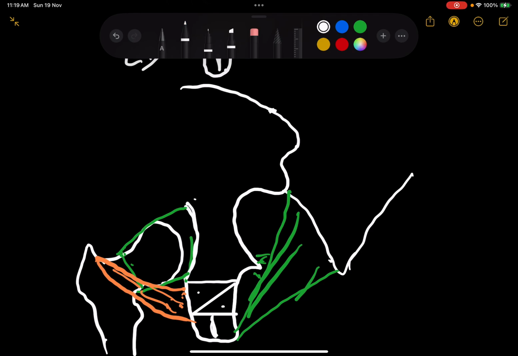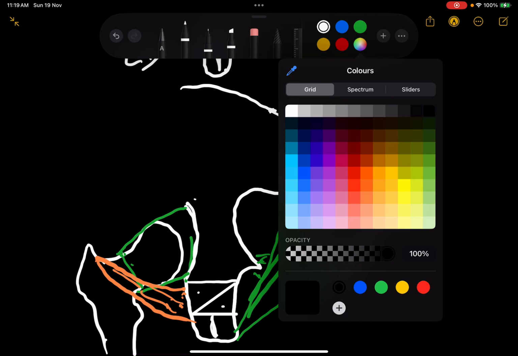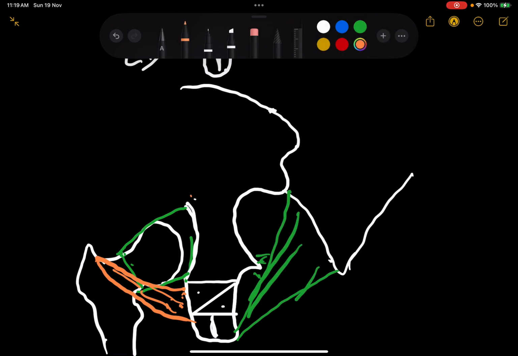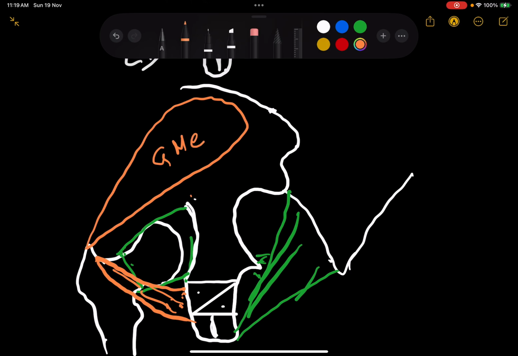Now on this, the most superior muscle that you will see is the muscle coming from here and getting attached here. This is the gluteus medius. Then muscle coming from the anterior surface of the sacrum and getting attached below it is the piriformis.